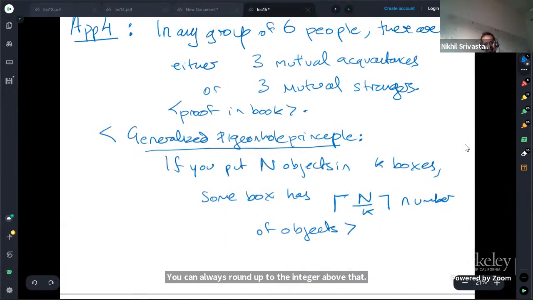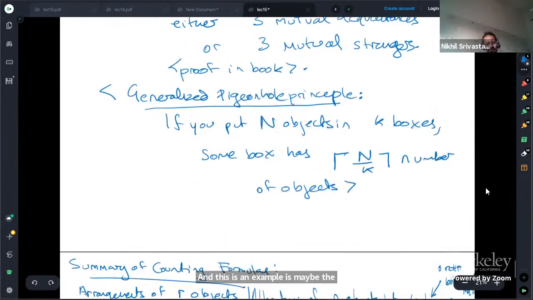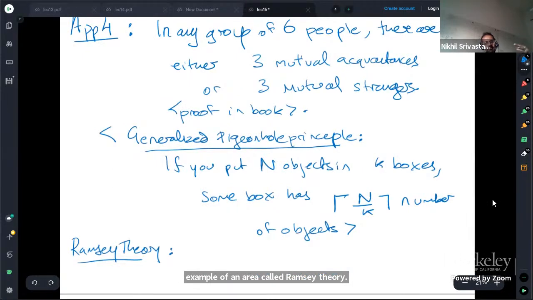And this is maybe the most well-known example of an area called Ramsey theory, which roughly says that if you look at any structure that's big enough, it has to contain some patterns. It has to contain some coincidences.